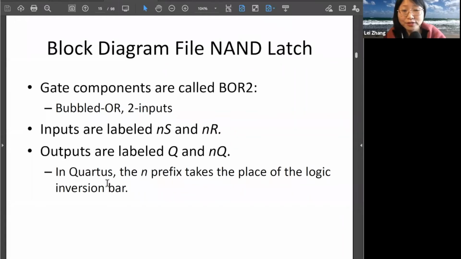So you have peace of mind that you will see what you already know from the contents we cover in this class. So it's either Altera or Xilinx.